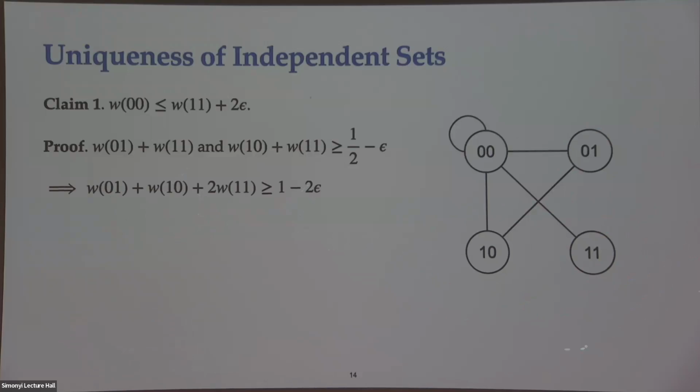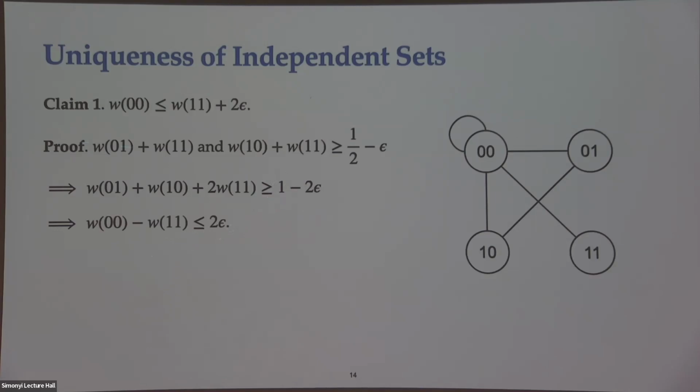But we know that these four sum up to 1. So you can replace this 1 by the sum of the four, and you get that W(0,0) minus W(1,1) is at most 2 epsilon. That's a proof, a very simple two-line proof. So now we have shown claim 1.